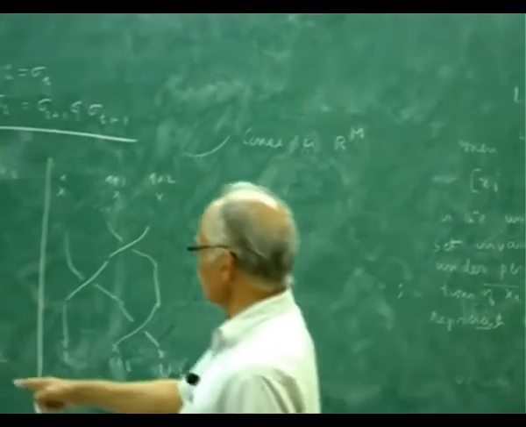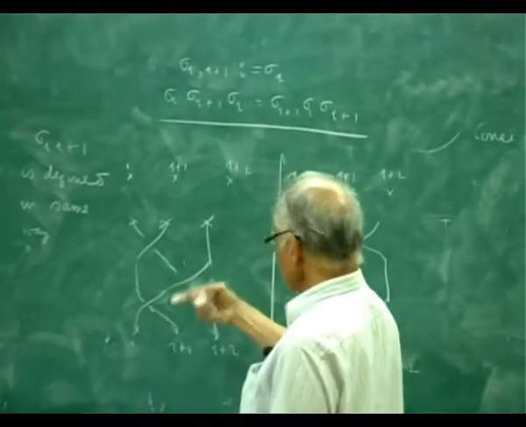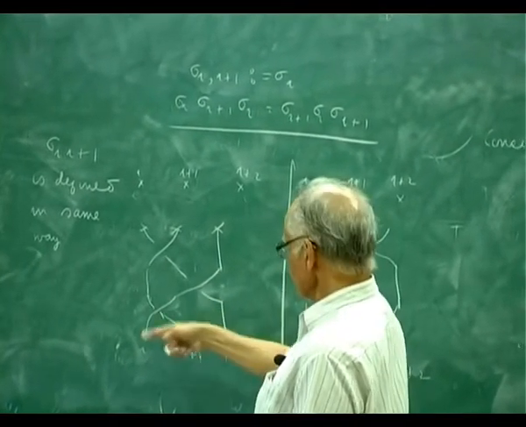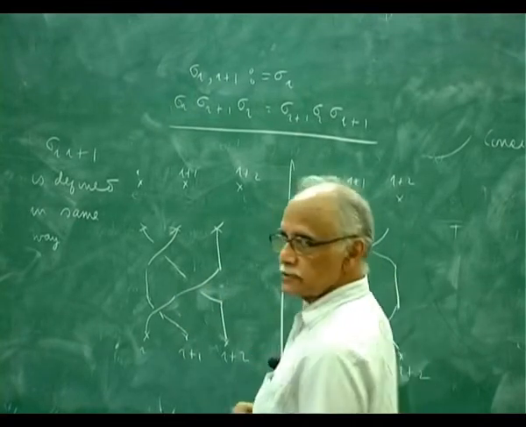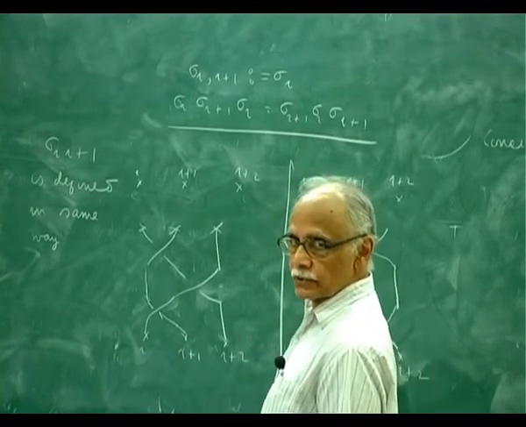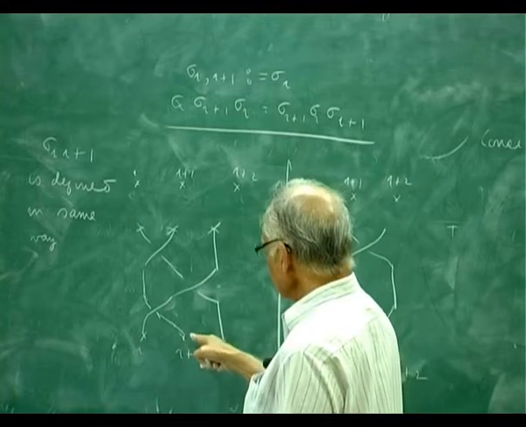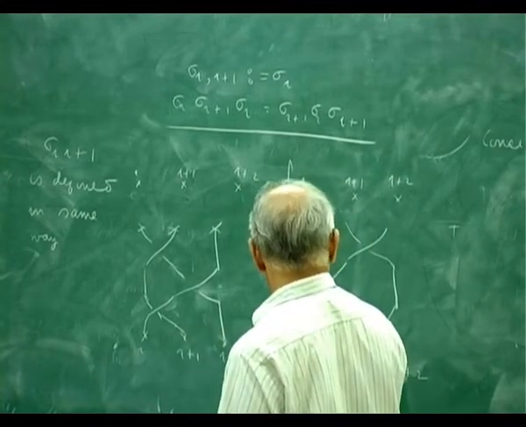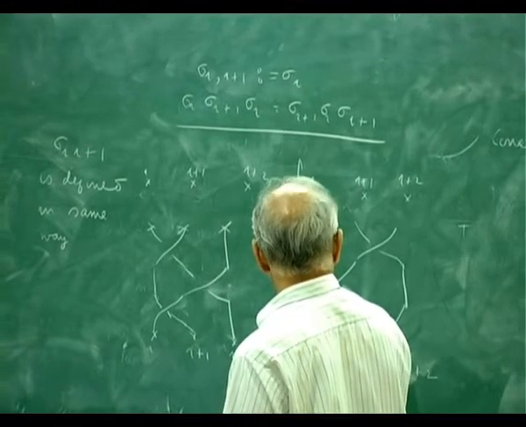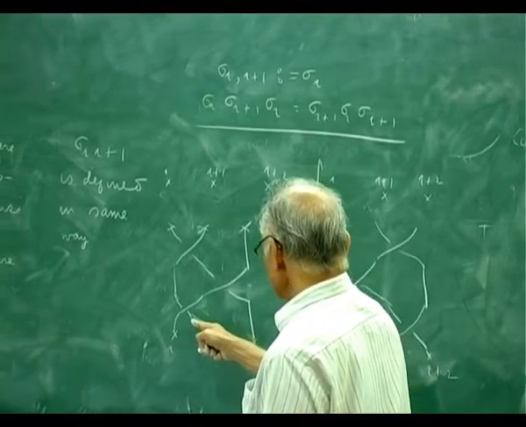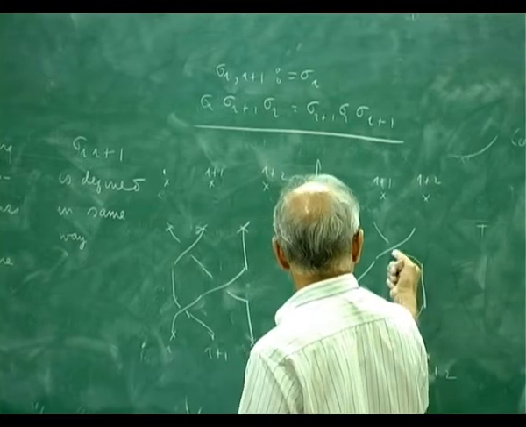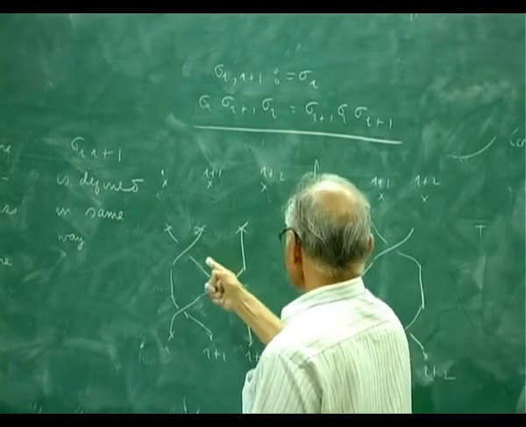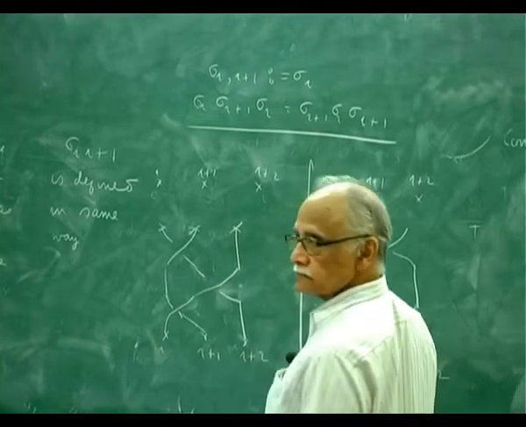For example, this loop goes over both the others. This one also does the same. This one goes underneath the one from I. This one goes underneath the one from I, like here also, and goes over the other one, which is this here.